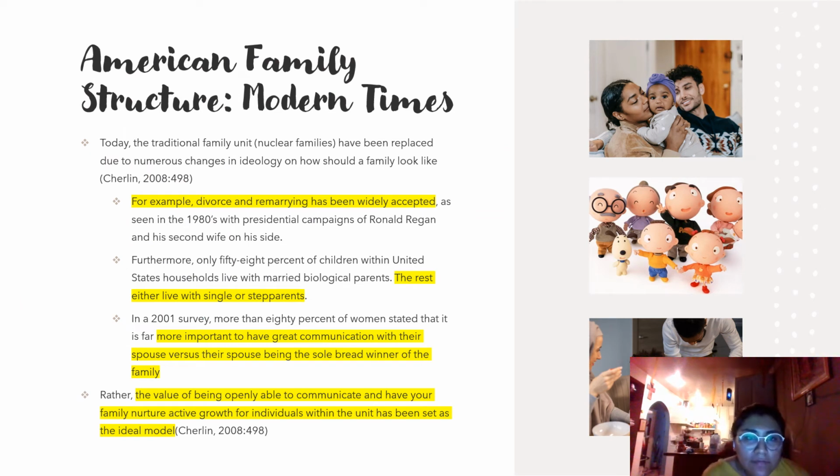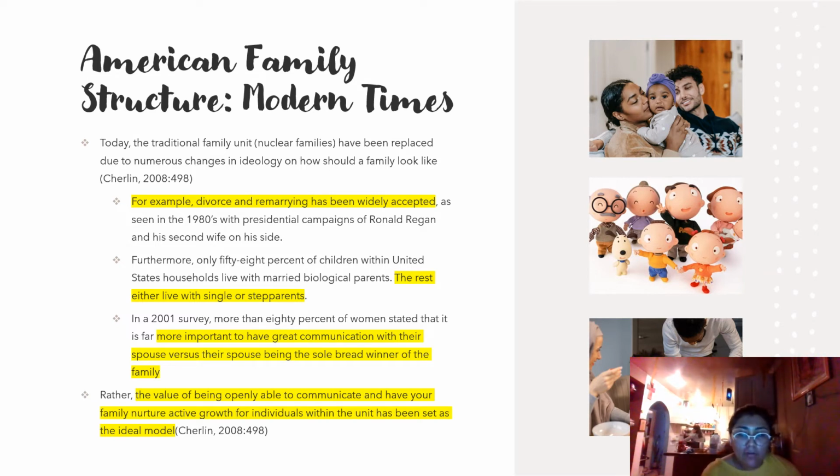So when it comes to these slides, I discuss another aspect that the reading touched upon, which is the contrast between the ideal American family structure during the 1950s and earlier, versus modern times.